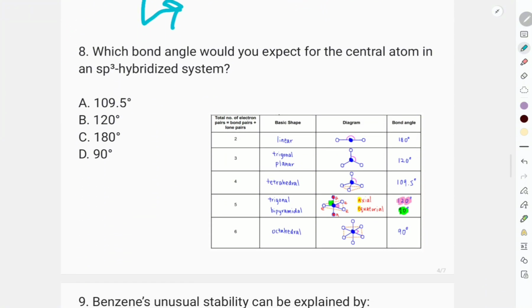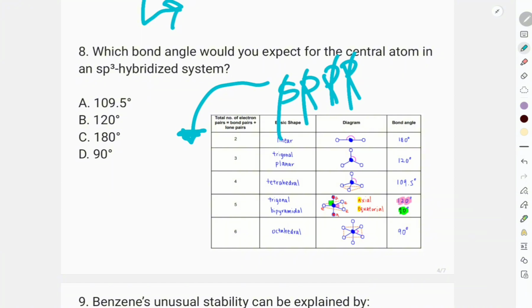Question 8 says, which bond angle would you expect from the central atom in an sp3 hybridized system? Now I'm going to use our little trick. I'm going to put down the 4 letters, s, p, p, and p. So an sp3 hybridized system, that is 1, 2, 3, 4 areas of electron density.